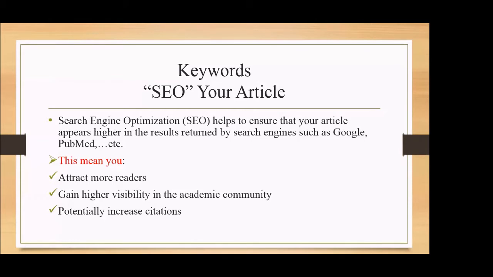This attracts me as a reader to look more into this, and also increases the number of citations of these articles. That means maybe this is a useful article that I will include in my research.